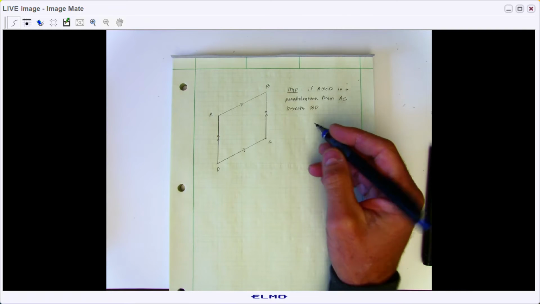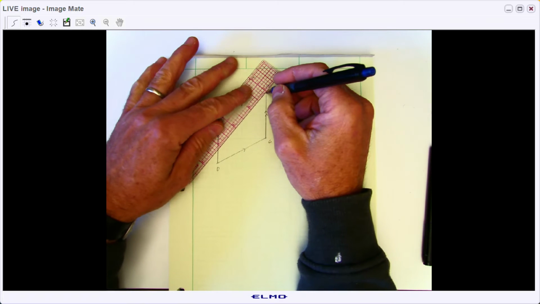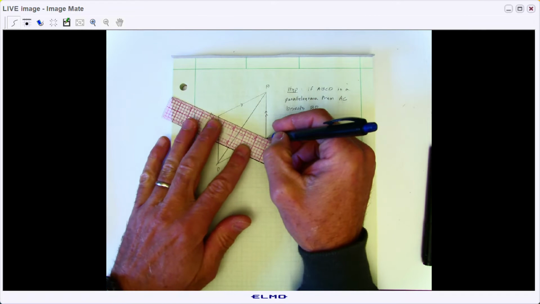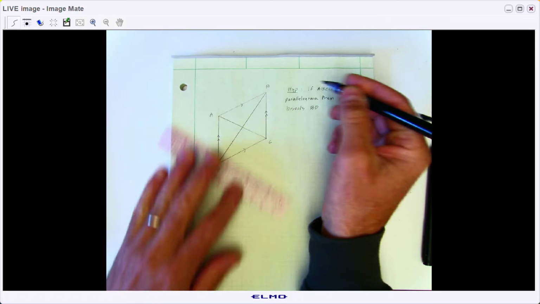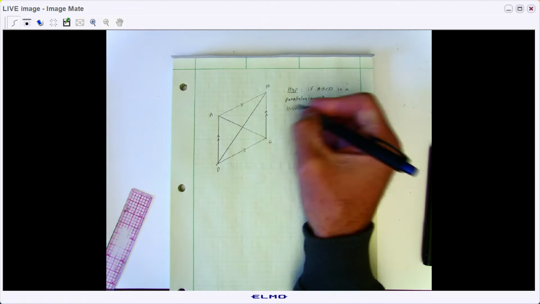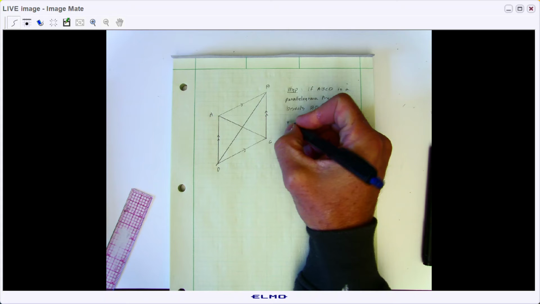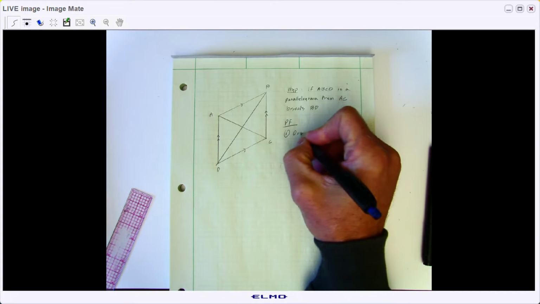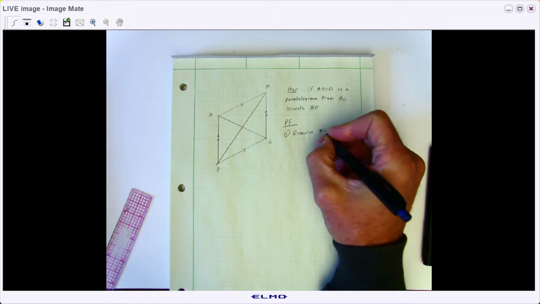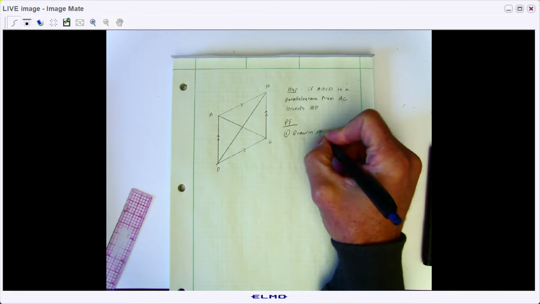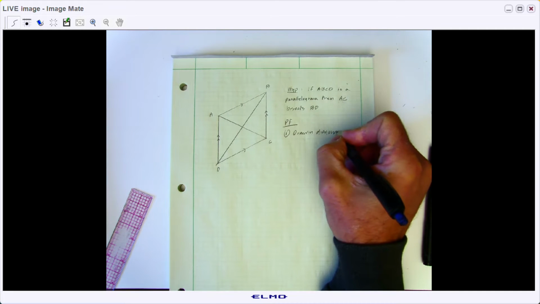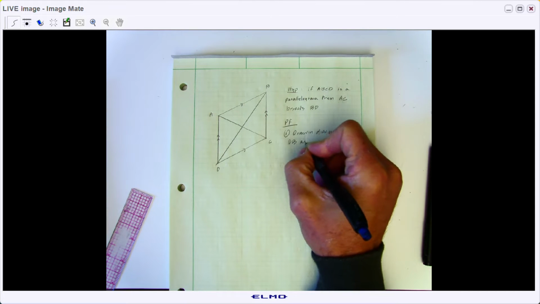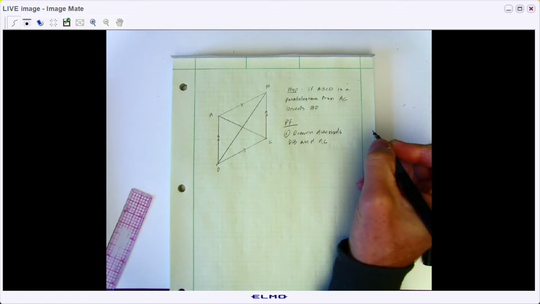The first thing we're going to want to do is draw the diagonals, DB and AC.